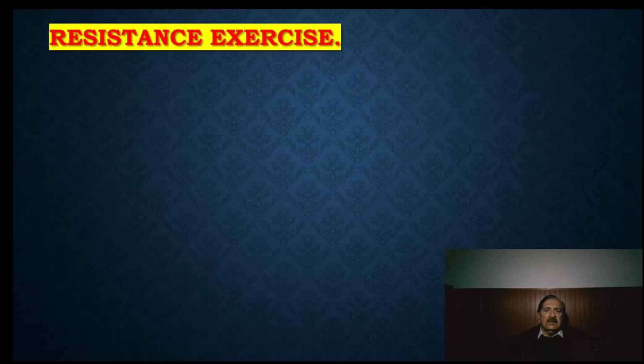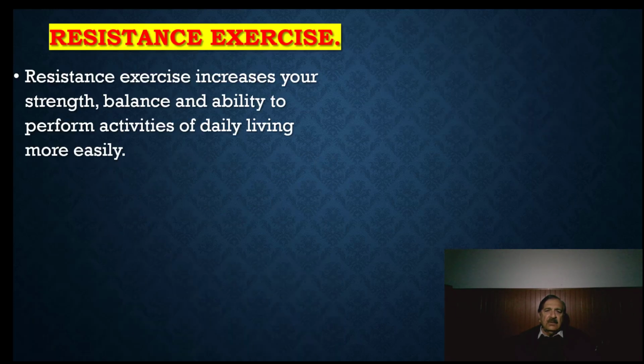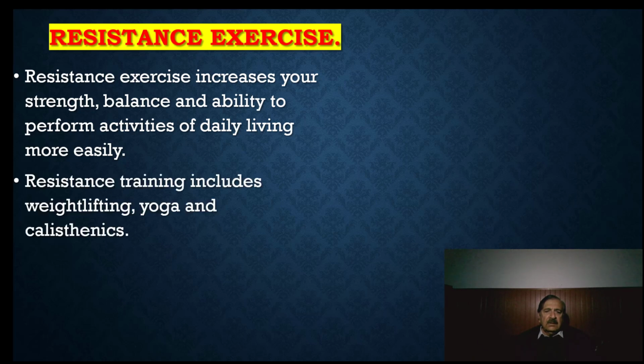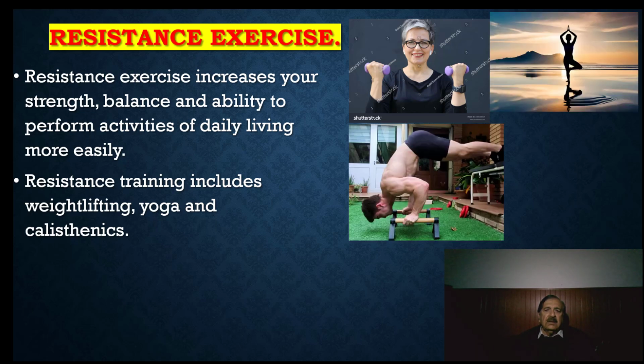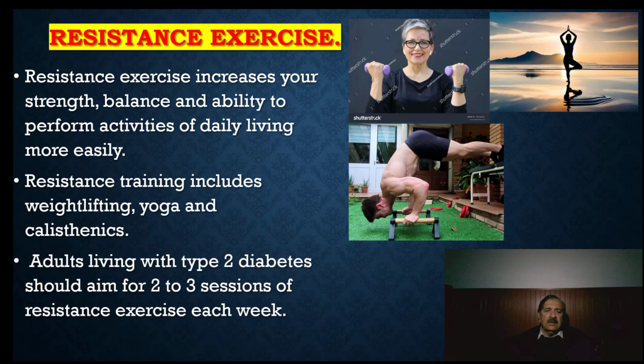Resistance exercise. Resistance exercise increases your strength, balance, and ability to perform activities of daily living more easily. Resistance training includes weight lifting, yoga, and calisthenics. Adults living with type 2 diabetes should aim for 2 to 3 sessions of resistance exercise each week.